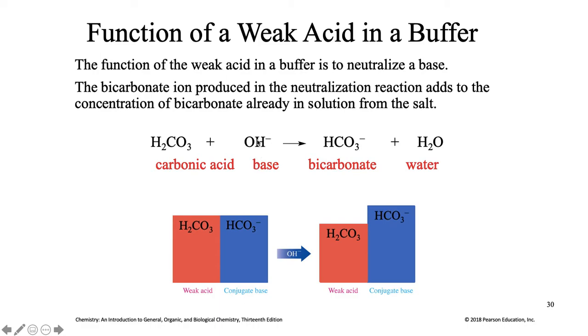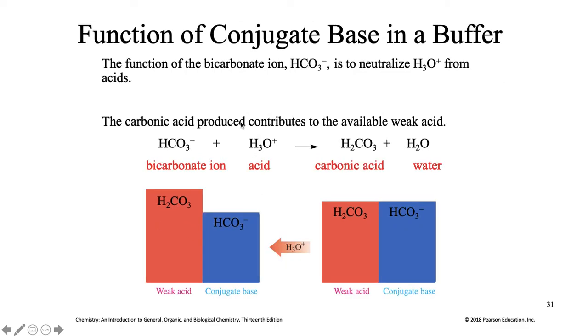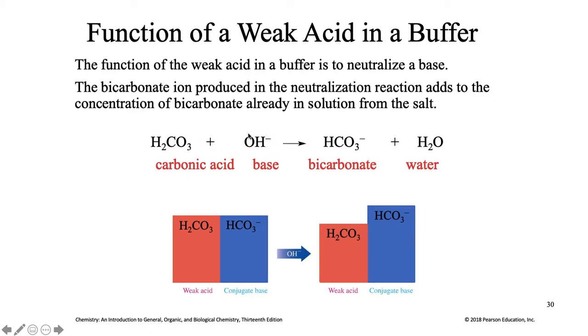Well, I know that this OH minus is not going to react with HCO3 minus in that solution, because this is a base, and this is also a base. So this base is going to react with my acid. What is carbonic acid going to do? It's going to neutralize that base.